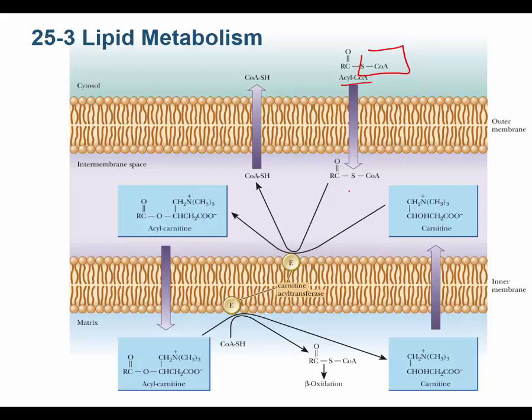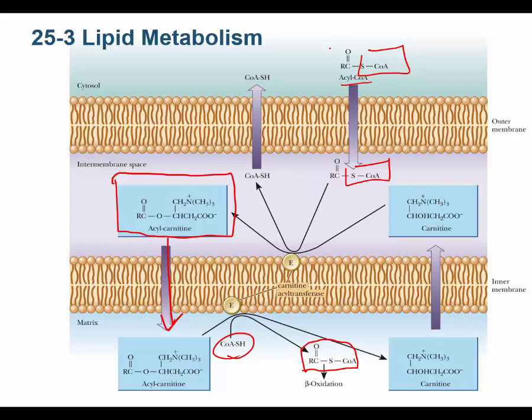Acyl-CoA enters the intermembrane space, and the carnitine palmitoyl transferase enzyme replaces the CoA with the carnitine, and I get acylcarnitine. Now, the acylcarnitine enters the matrix, and I get another carnitine palmitoyl transferase enzyme that replaces the carnitine with CoA, and I get my acyl-CoA again.